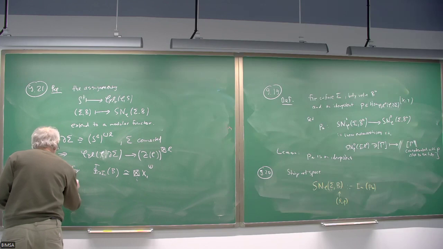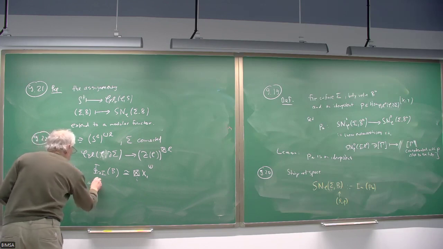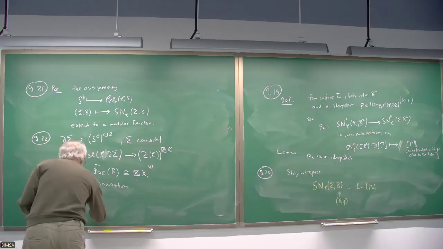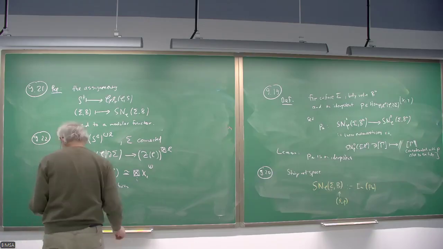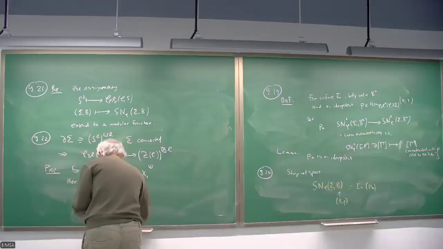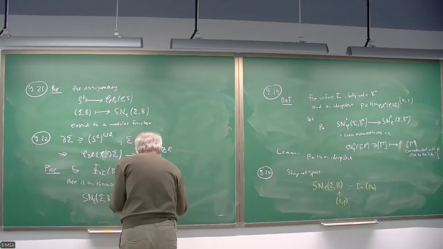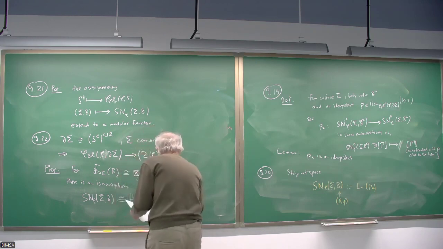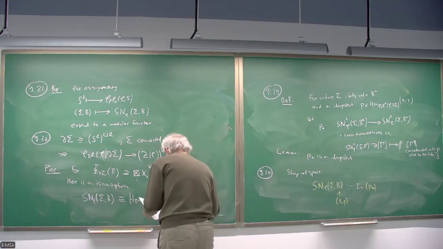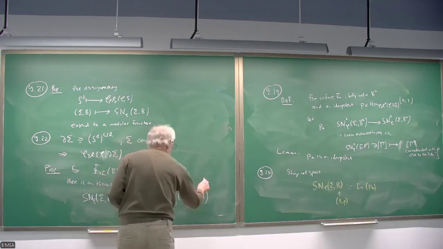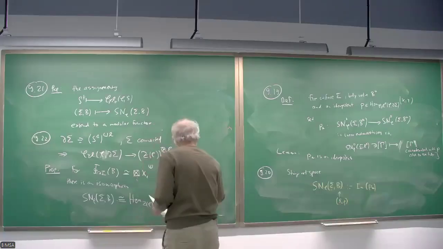Then there is an isomorphism between the string net space for sigma and boundary value, and the morphism space in the Drinfeld center from 1 to the tensor product of the xi's, tensored with L to the tensor power g, where g is the genus of sigma.